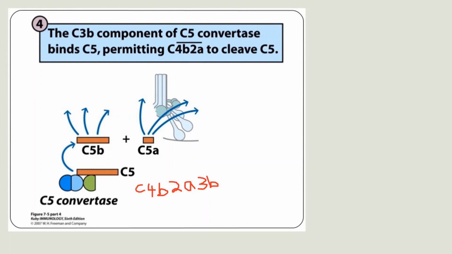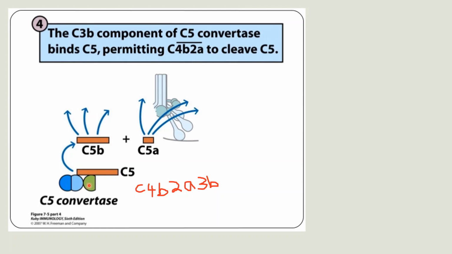The C3b component of C5 convertase binds C5, permitting C4b2a to cleave C5. Here you can see that C5 convertase means C4b2a3b. Here this green one is 3b.